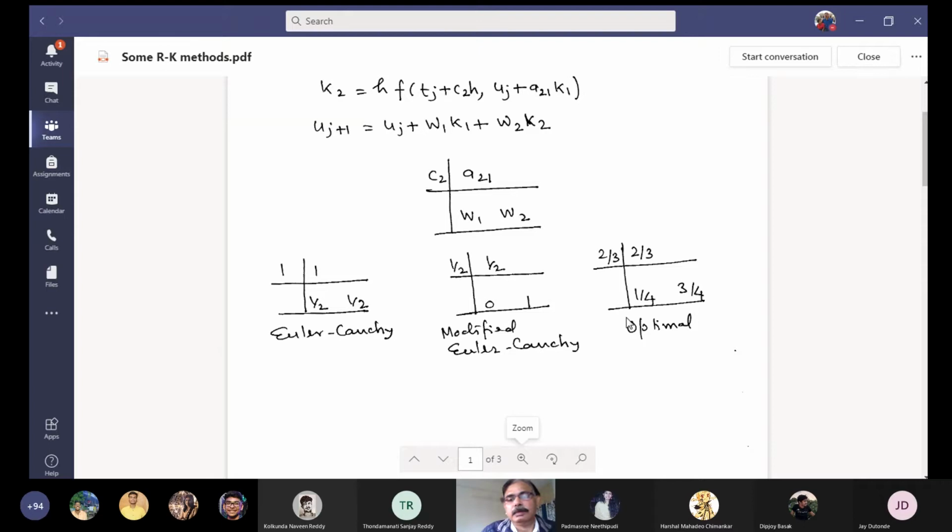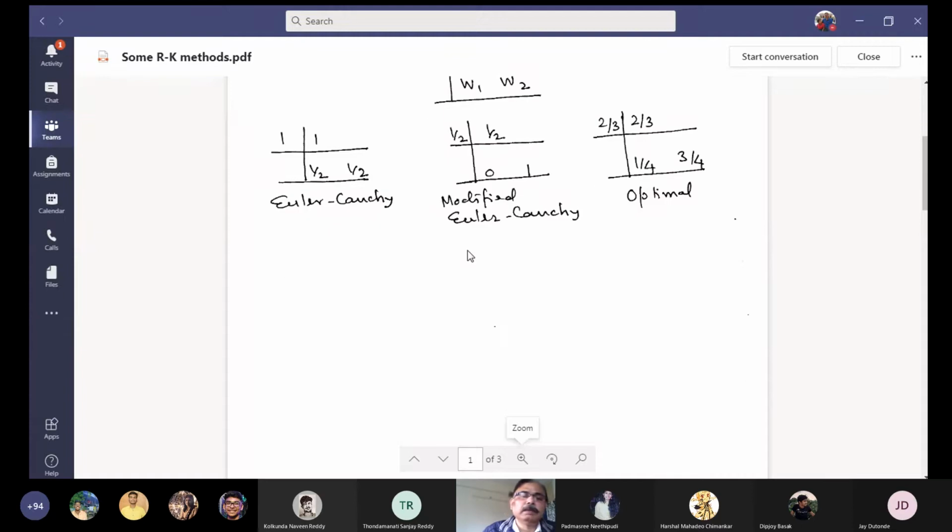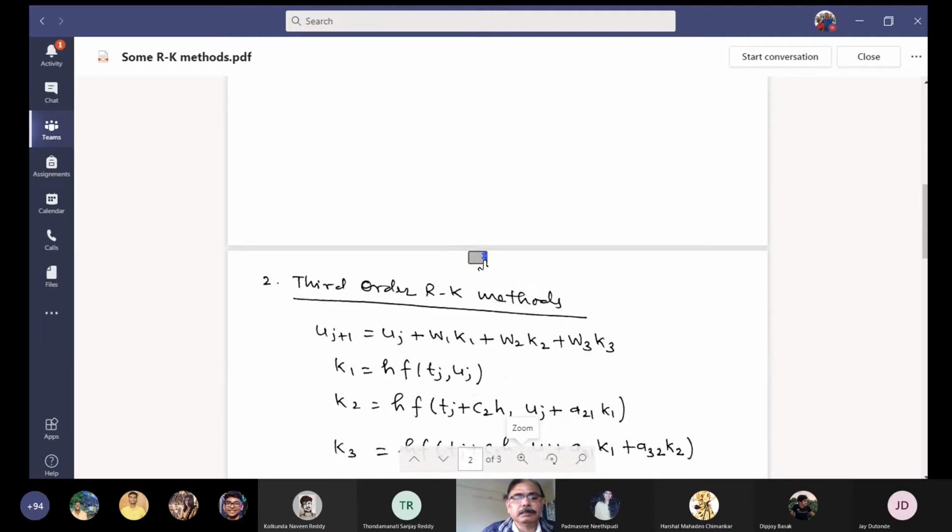So this is the optimal second order method. This is your modified Euler-Cauchy method, and the first one is your Euler-Cauchy method. So you can remember these easily. Otherwise, in the written form, it may be difficult for you to remember that.